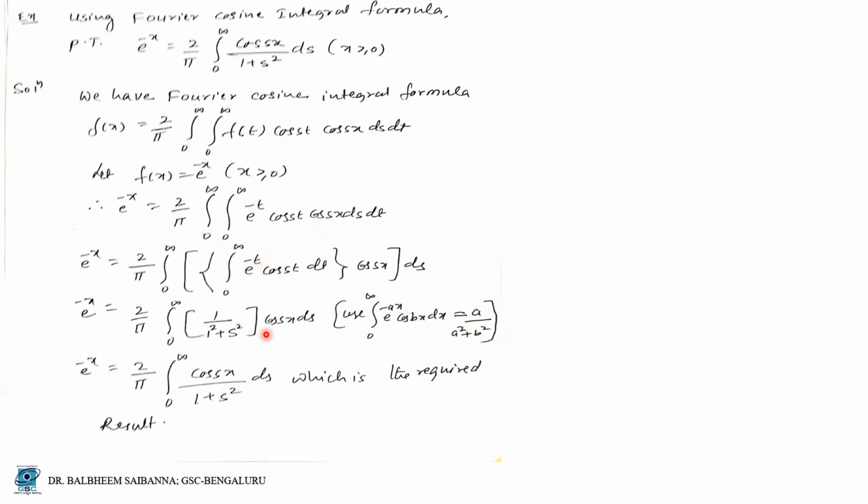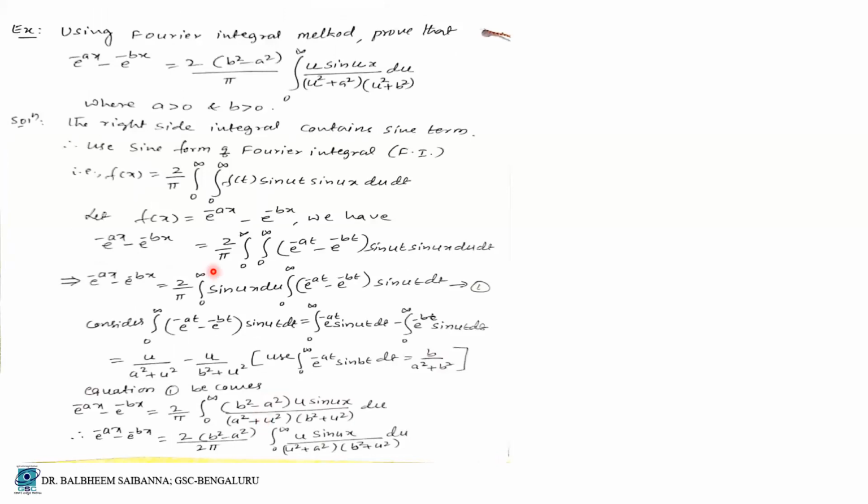So 1 divided by 1 square plus s square, times cos sx, as it is. And e to the power of minus x stays on the left hand side: 2 by pi integral 0 to infinity cos sx divided by 1 plus s square ds, which is the required result. Look, we wanted the same result, and we got the same result.